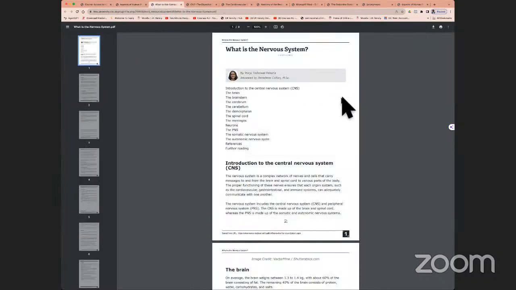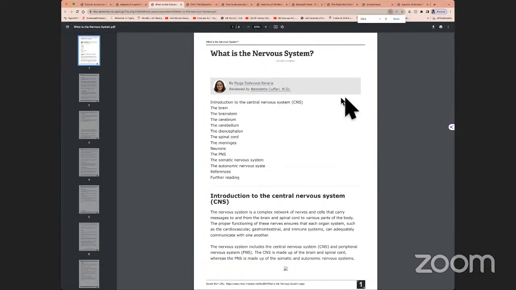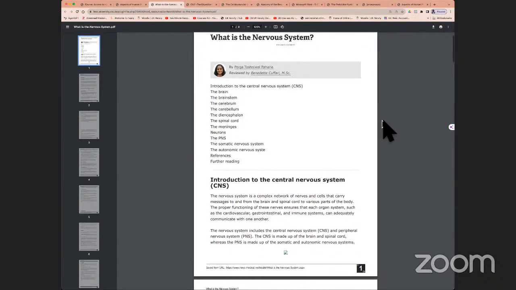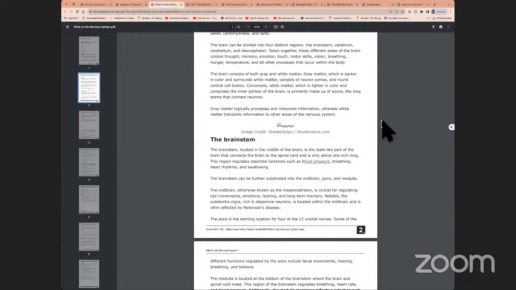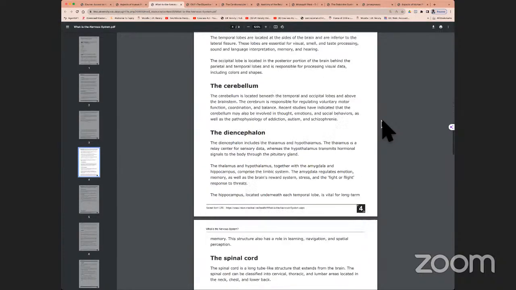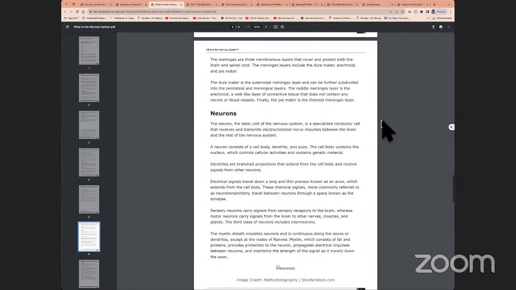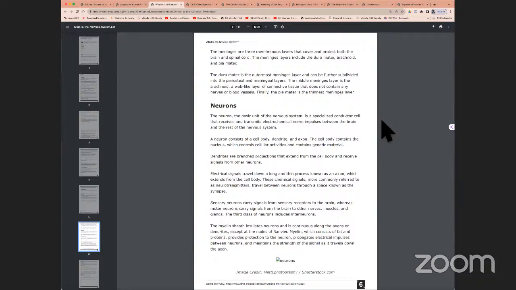Then we have different systems, and I've looked at some of the best handouts that you can get to be able to understand these systems in a very concise, summarized manner. These are different handouts which I would suggest that you go through and understand, so that you are able to go into a bit of detail about each of these systems.